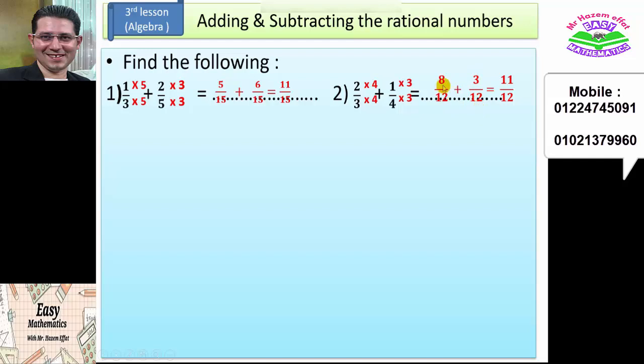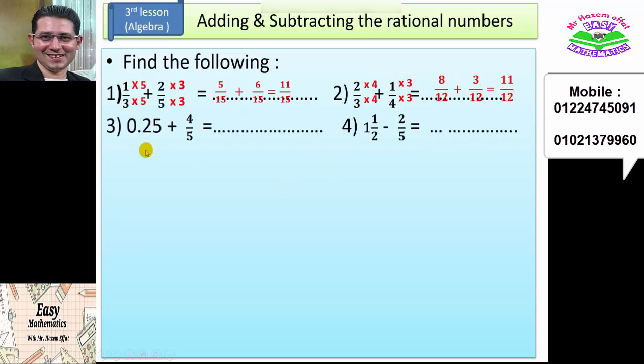Bring down 12 and add 8 and 3, it will be 11 over 12. And 11 over 12 is already in the simplest form.